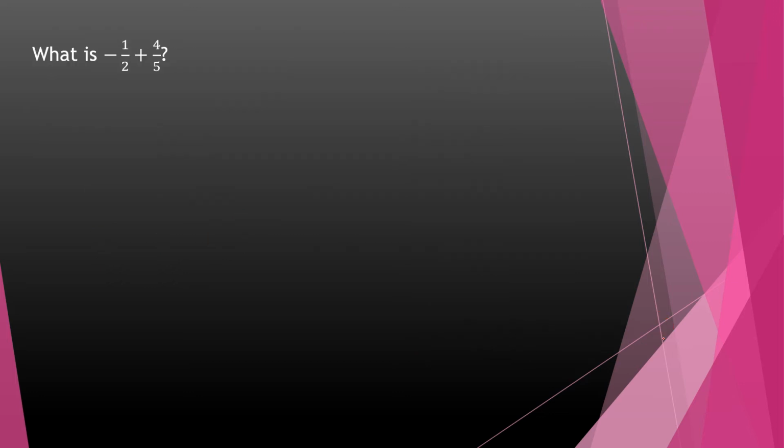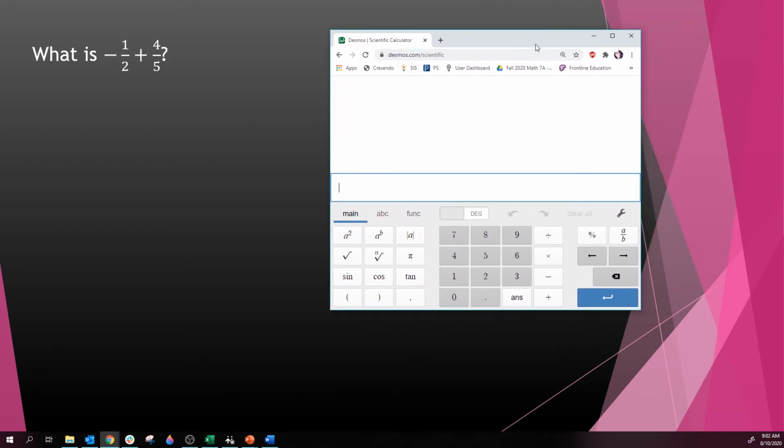Alrighty, now with these questions, you can absolutely do these by hand and find your common denominator. However, I want to show you guys this online calculator that you will see me use all of the time. Okay, so this is Desmos, desmos.com/scientific. This calculator is super helpful, especially when you're adding or subtracting with fractions or decimals or anything like that.